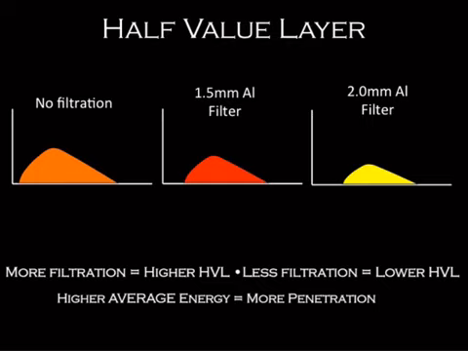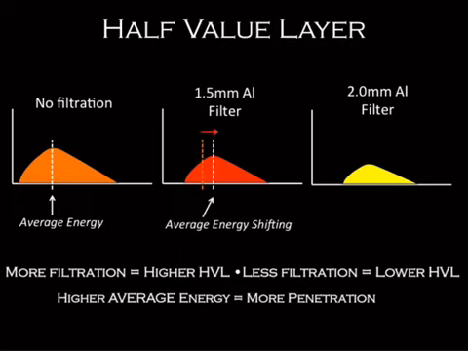So here's the average with no filtration at all, right where the white line is there. And then as we add filtration, so that the orange one is where it was previously, the whole spectrum is sort of shifted forward, and there is the average energy now. I will point out to you that this never changes, right? Because that's set by the maximum energy, so that's staying the same the whole time.